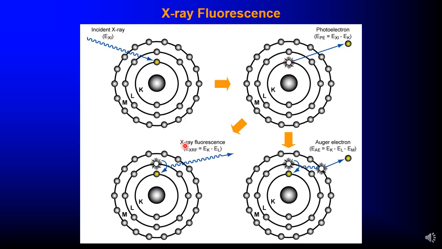In this X-ray fluorescence, a higher energy electron goes to replace or fill the vacancy left, and then an X-ray is also emitted, and in other instances this X-ray can knock out another electron, what we call the Auger electron.